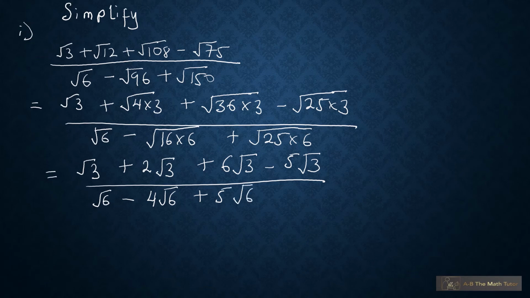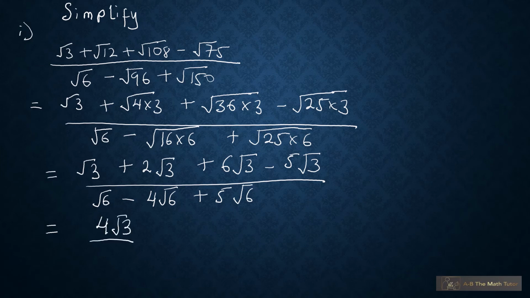Now we can simplify this further since we have root 3 as a common set in all the terms in the numerator. We can have 1 plus 2 plus 6, which is 9, minus 5, which is 4. So we will have 4 root 3 all over.